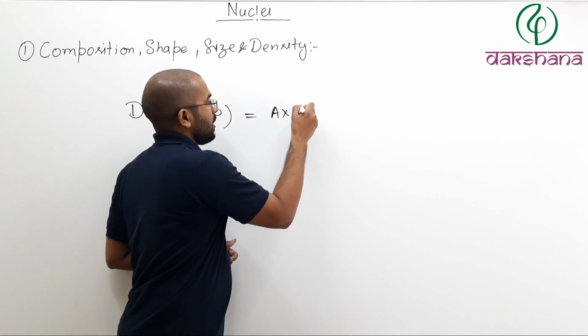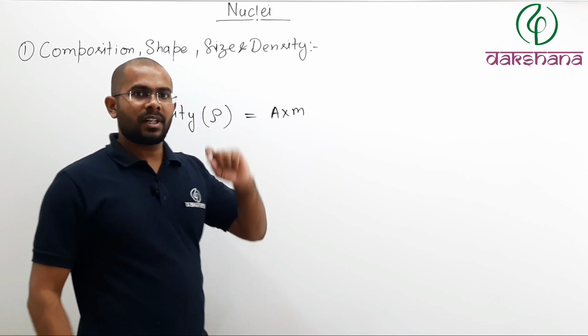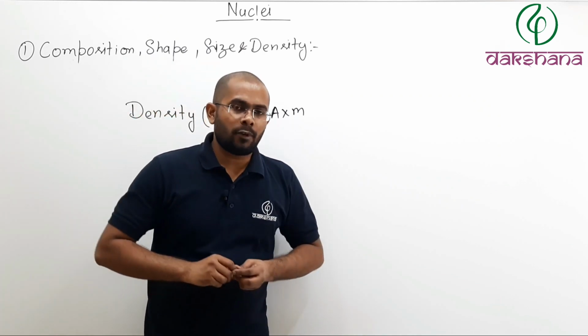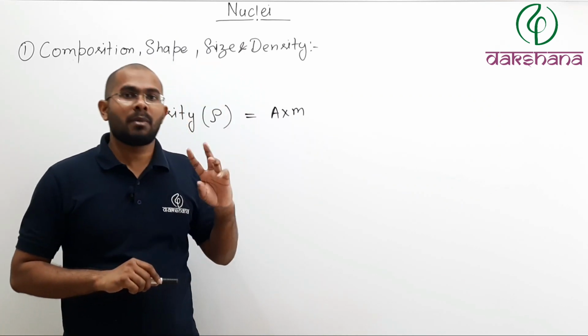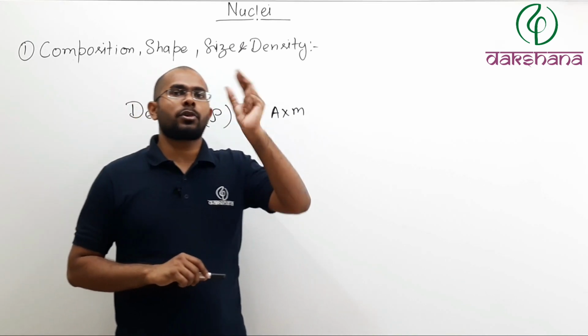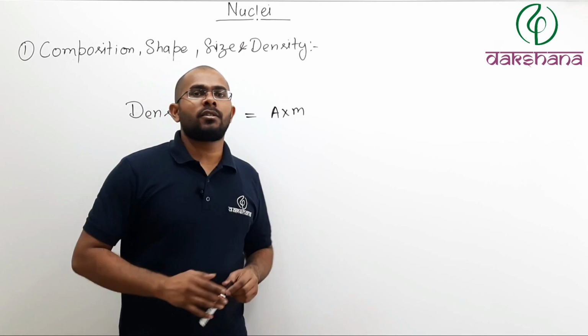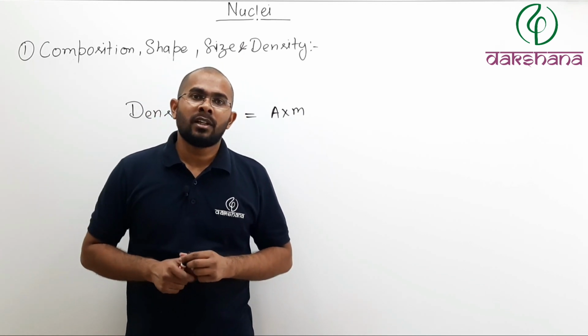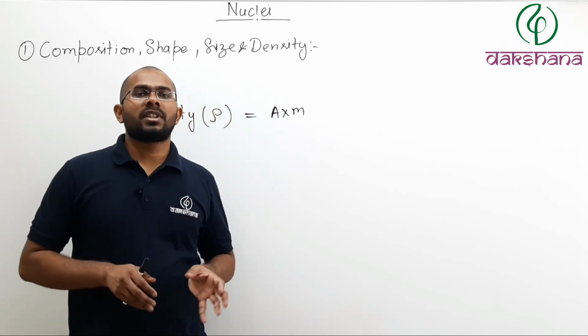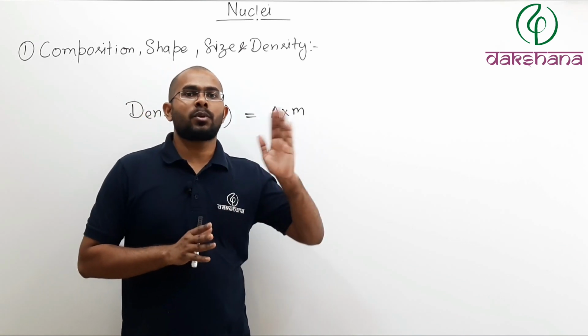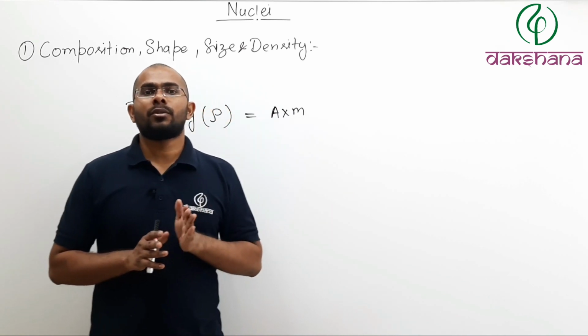And as we have studied earlier, mass of proton is different from mass of neutron. So which mass are you going to multiply? For all general purposes, we can take mass of proton and mass of neutron to be same.